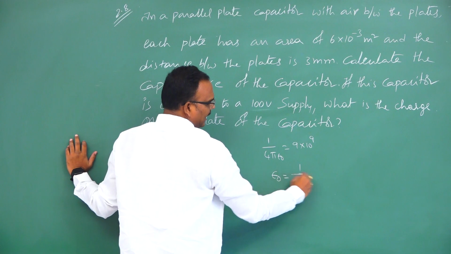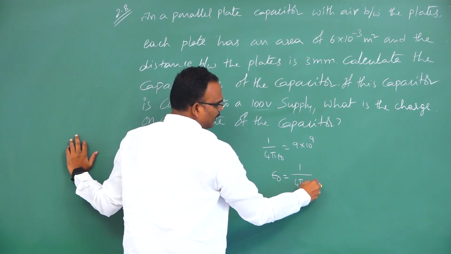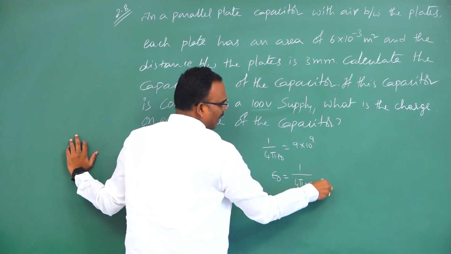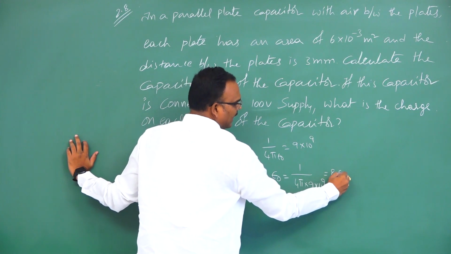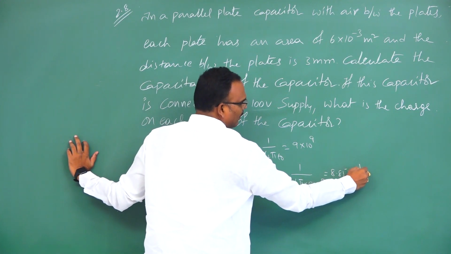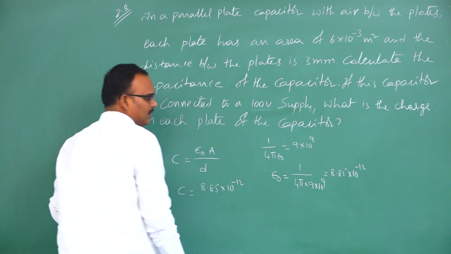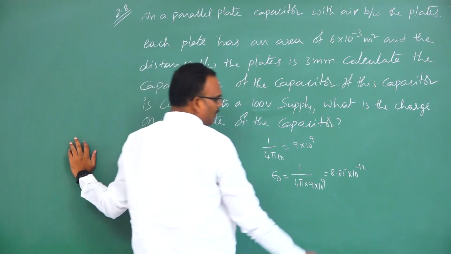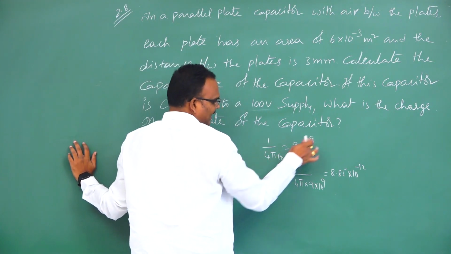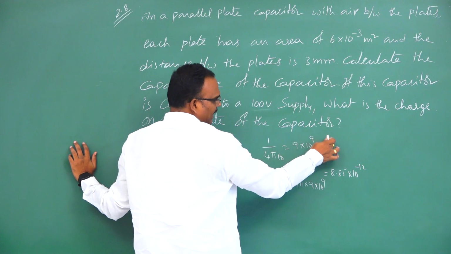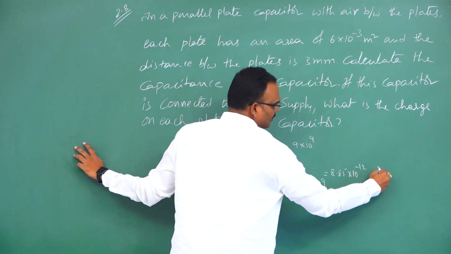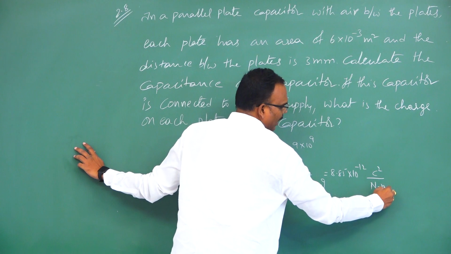If you want to calculate epsilon naught, 1 by 4 pi into 9 into 10 to the power of 9. If you simplify, you will get 8.85 into 10 to the power of minus 12. Unit for this is Newton meter square per coulomb square, so this is coulomb square per Newton meter square.